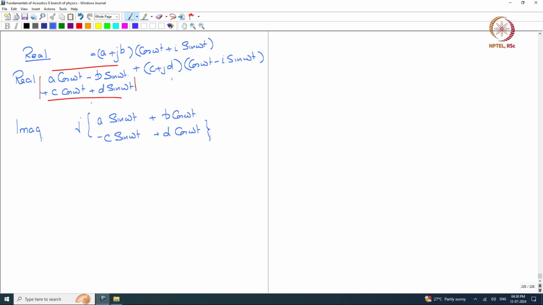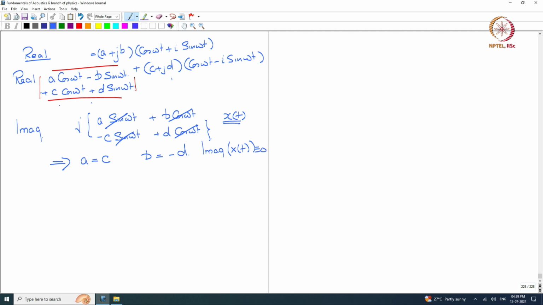This I want to be 0. Why? Because x of t I want purely real, so no imaginary component. Then that implies A must be equal to C. Okay, then this cancels off, and B must be equal to minus D, then this cancels off, so that the imaginary part of x of t is 0.